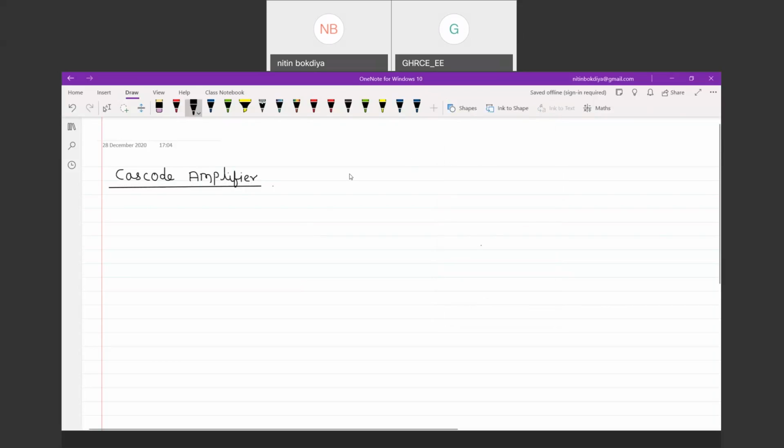Our title for the day is the cascode amplifier: how to design, or rather how to analyze, a cascode amplifier. So let's start. What is the issue related to the cascode amplifier and how can we design it? That we will discuss today.